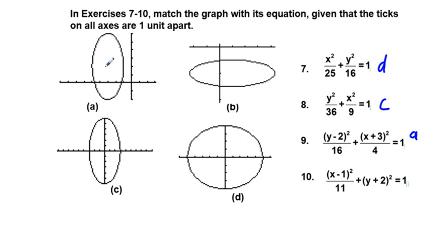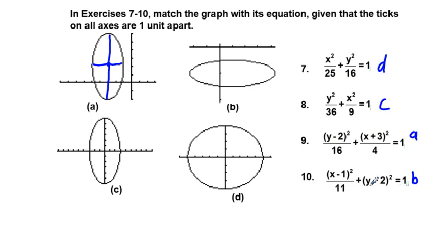So from the center here, 4 up and then 4 down, so that makes sense. And then we're going to have 2 on either side of our center here.